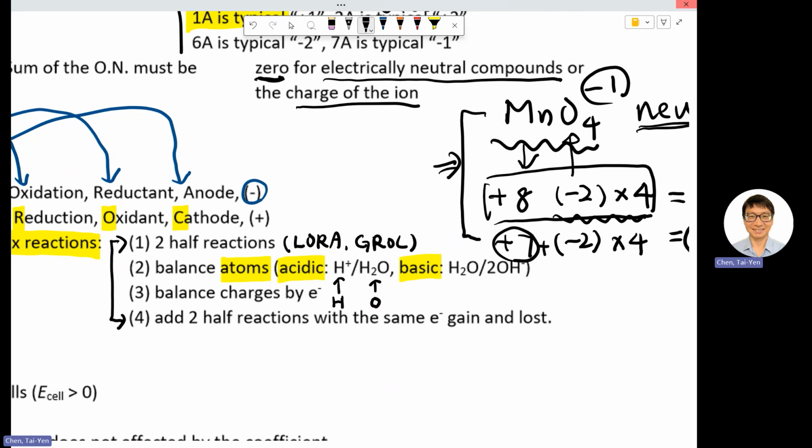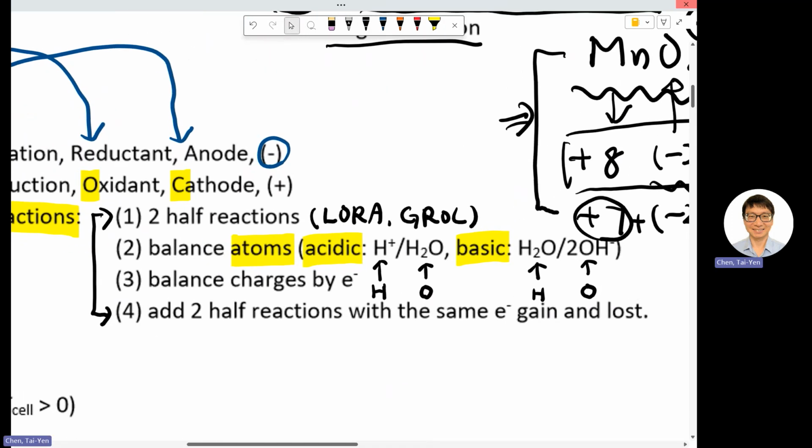However, if you have a basic solution, then you use H2O to account for the missing H, and 2OH- to account for the missing oxygen. These are very simple but important rules that we should memorize.